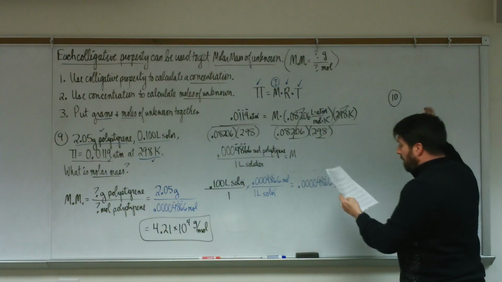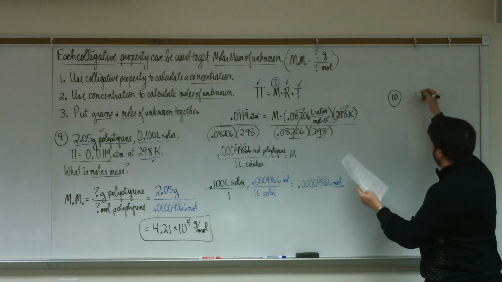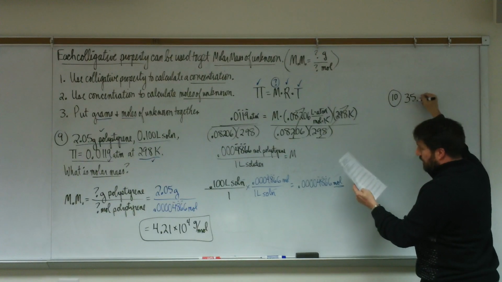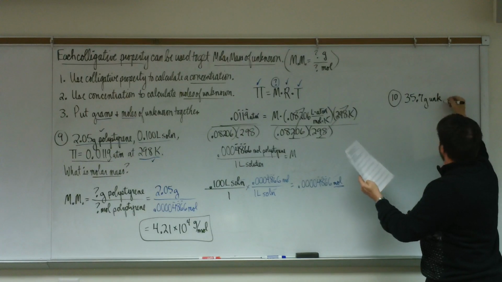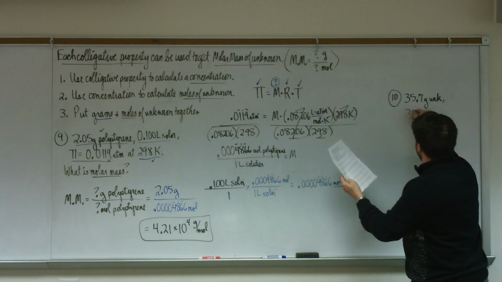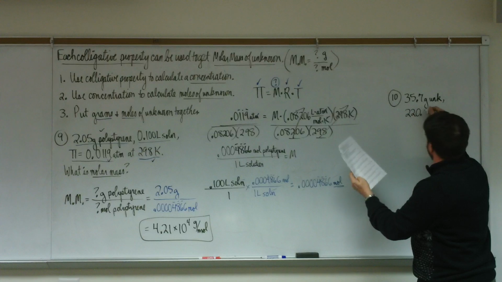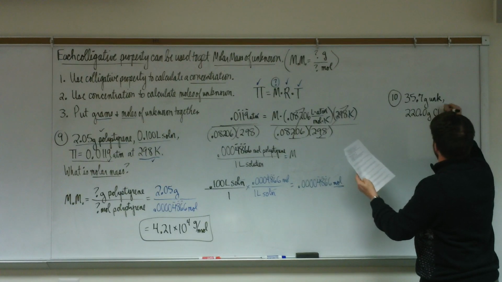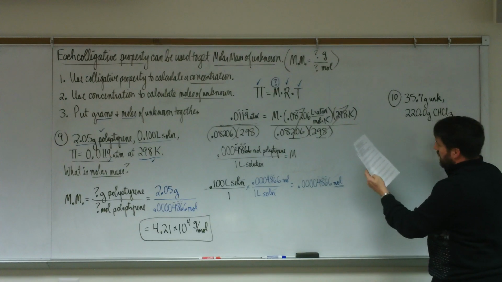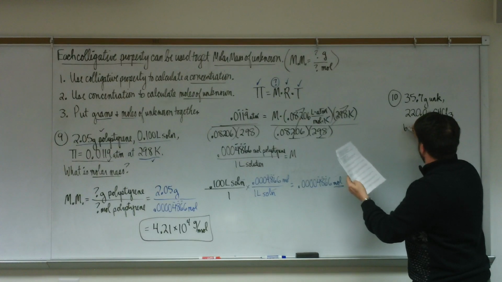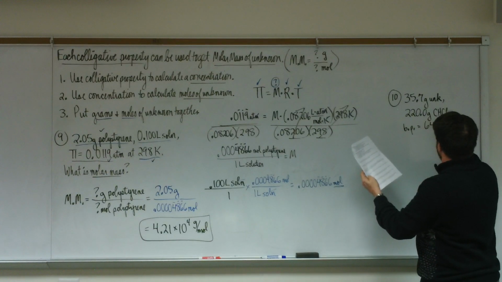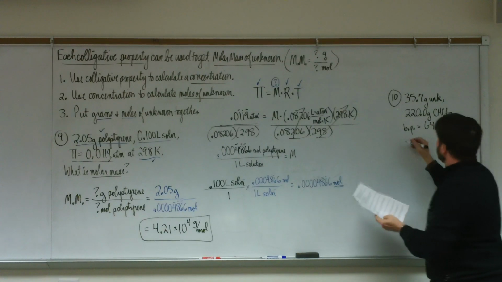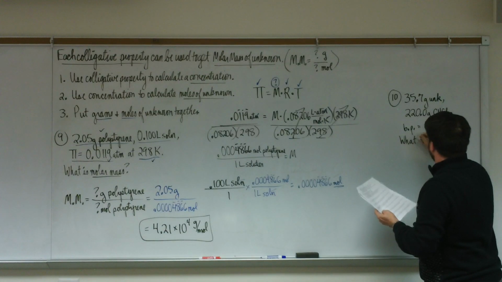So the information from number 10 says there's an unknown, and 35.7 grams of the unknown is dissolved with 220.0 grams of CHCl3, and this has a boiling point of 64.5 degrees Celsius. It then asks me, what is the molar mass?